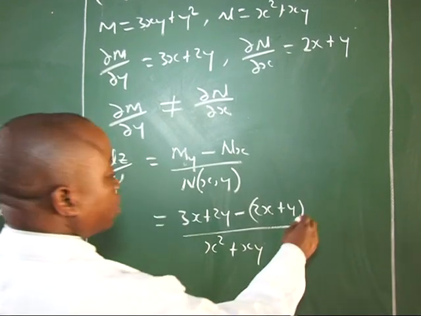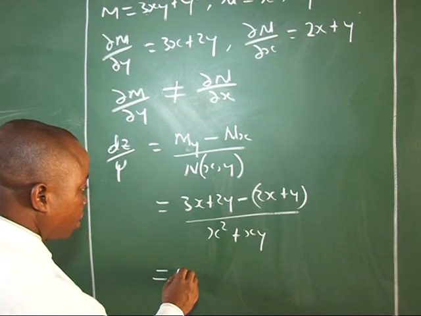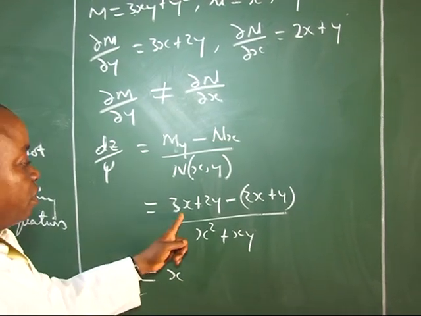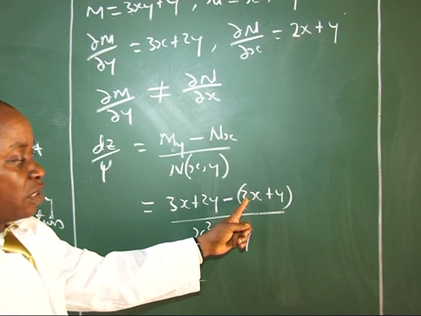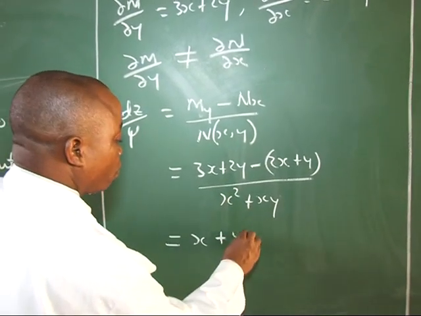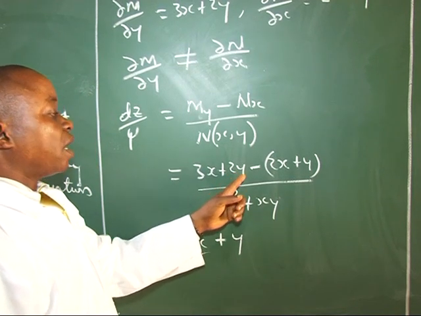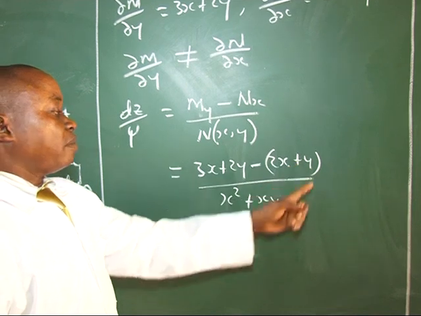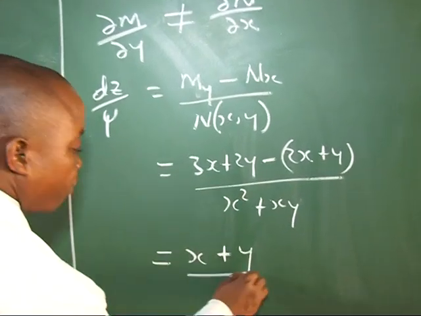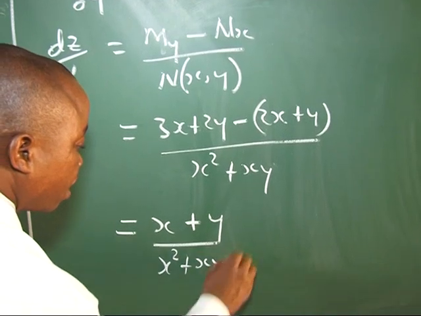Okay, so this will give me 3x, this will minus this. Then plus y. How? Because 2y, this will open this and this will become minus, so 2y minus y is y. All over x squared plus xy.